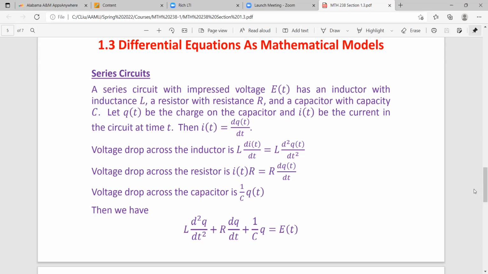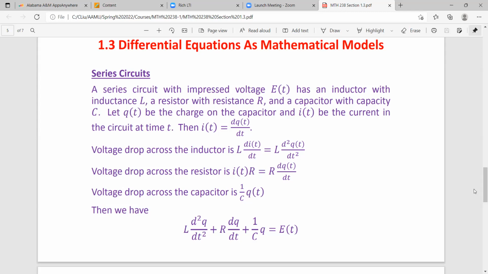As current flows through each element, you get a drop in voltage. So if you add them up, it should be equal to the impressed voltage. Okay, that's from the power. The power provides this voltage. All right, so you add all of those three voltages, you get E of T. So you get L times d2q over dt2 plus R times dq over dt plus 1 over C times Q equals E of T.